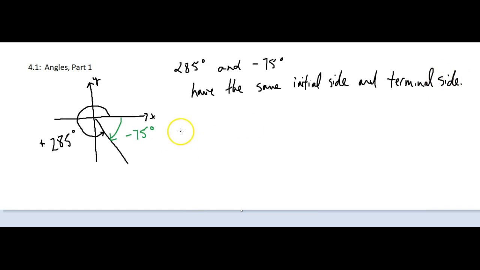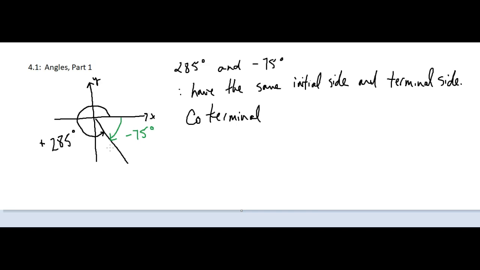So they have a special relationship, they are called coterminal. Angles that have the same initial side and the same terminal side are called coterminal. They just rotate in different directions.